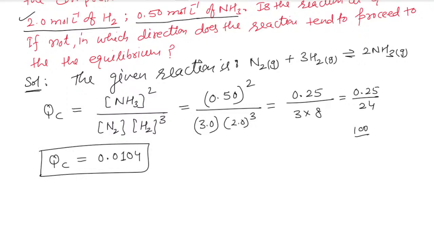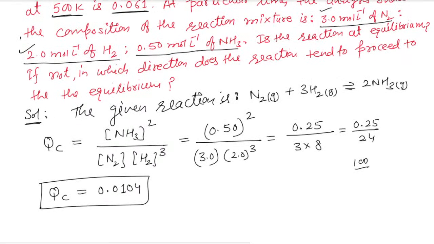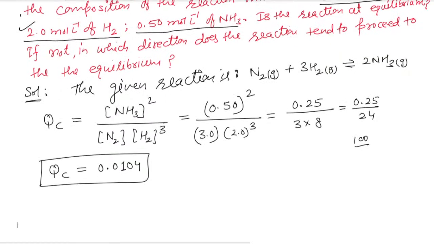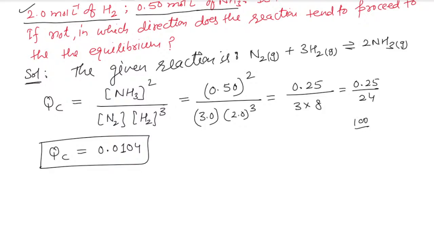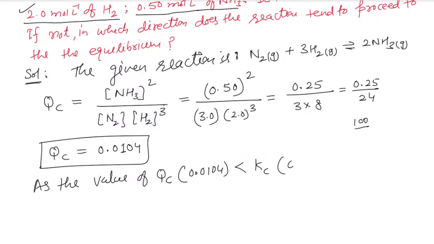The value of Kc is 0.061. That means the value of Qc, that is 0.0104, is less than Kc, that is 0.061.